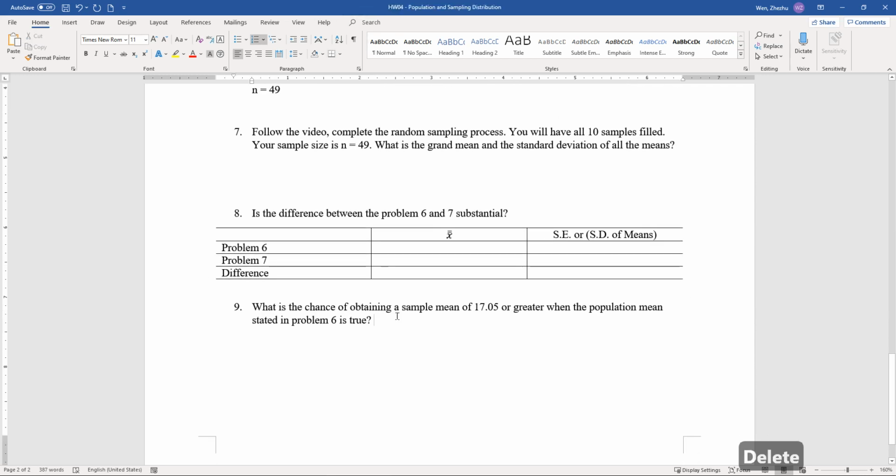And what is the chance of obtaining a sample mean of 17.05 or greater? This is clearly a beyond-certain-point scenario.